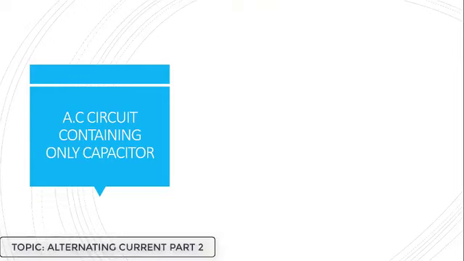At this point, let's look at an AC circuit containing only a capacitor. Also, from Ohm's law, we know that V is equal to IR. I want you to notice how everything is based on Ohm's law. So the voltage across the capacitor, VC, is equal to current times capacitive reactance, XC.